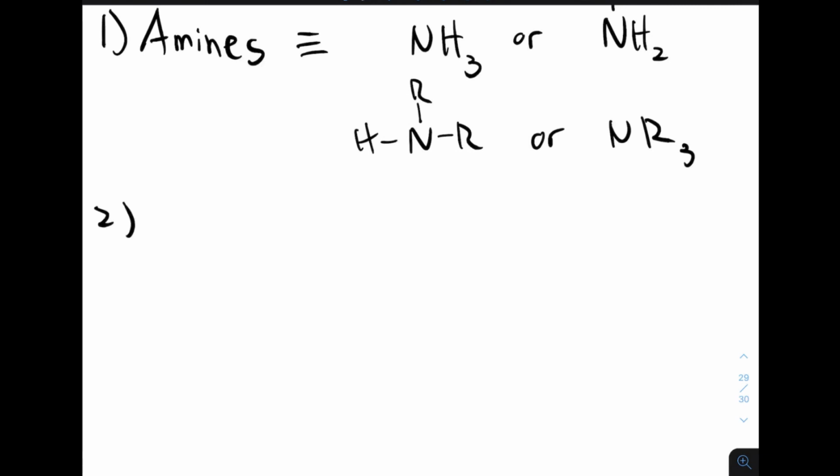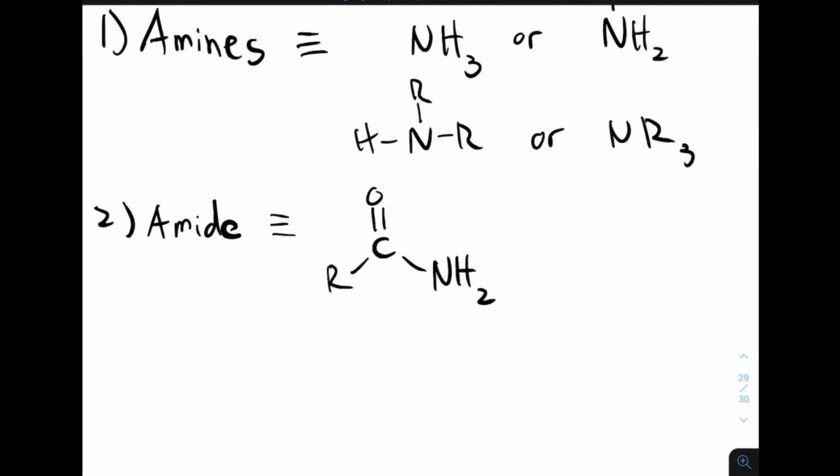So next we have an amide, or an amide, depending on which part of the country you live in. So an amide looks similar to a carboxylic acid, but instead of being attached to an oxygen, is instead attached to an amine.